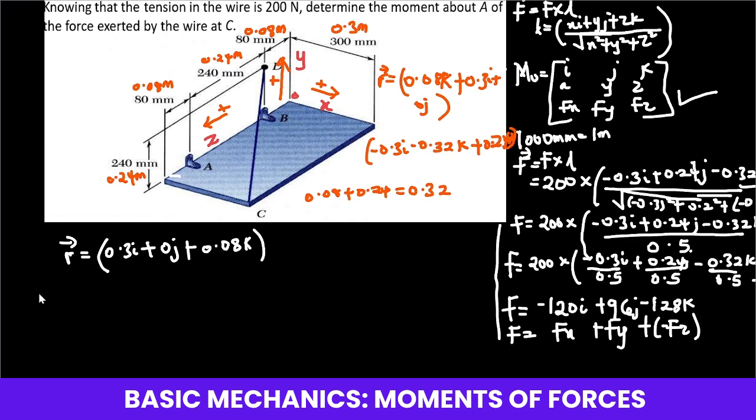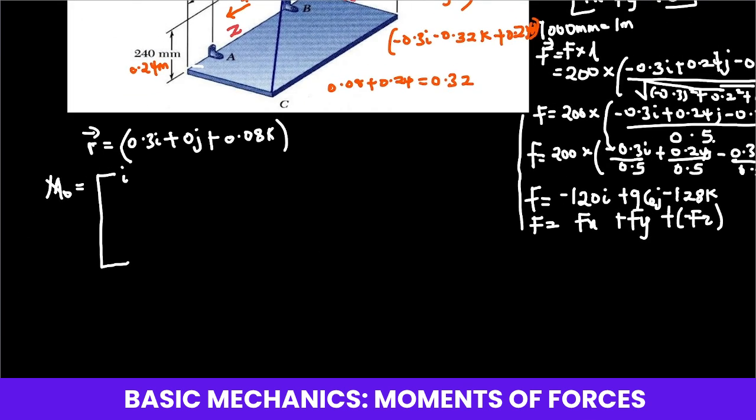So now the moment is equal to the ijk components. We're having i here. So let's bring this to the top so that it can easily be done. So i, then we have our j, then lastly we have the k. So let's arrange that. What's our i form? You're having positive 0.3 here.